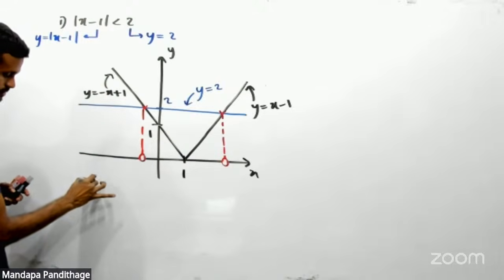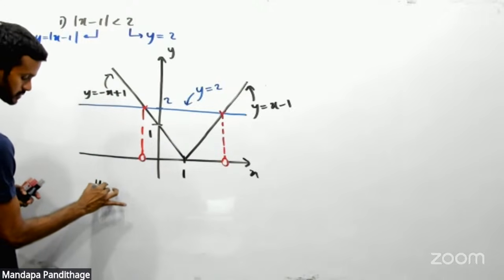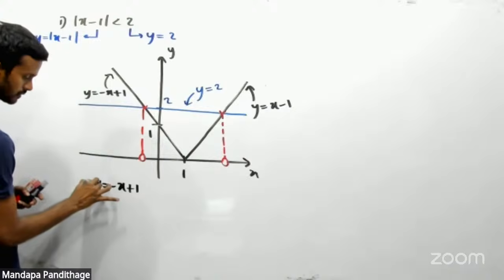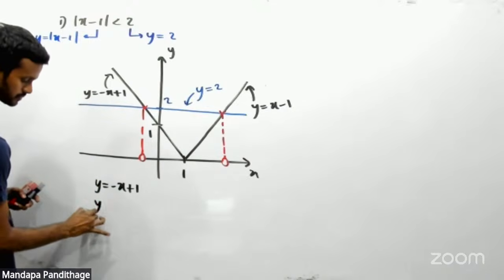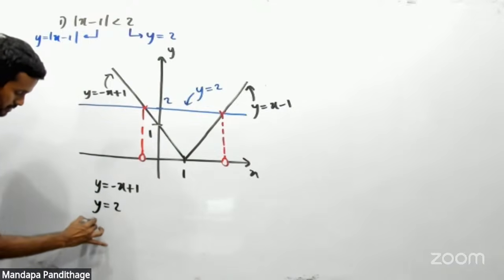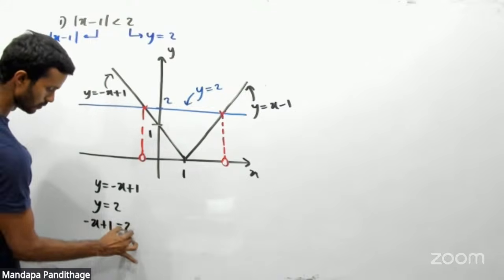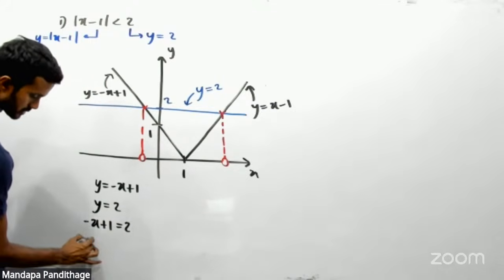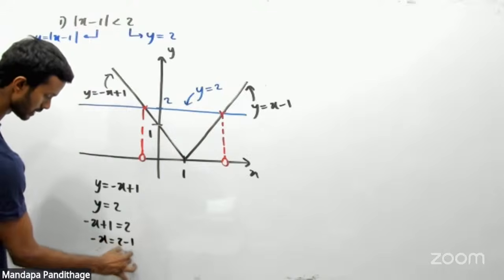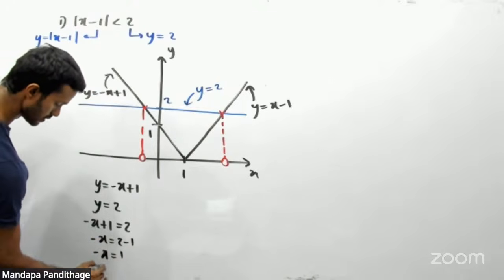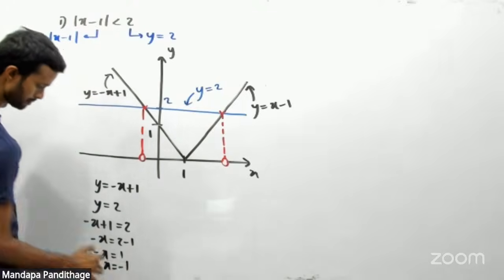Here we have y equals minus x plus 1, and here this is y equals 2. Which means minus x plus 1 is equal to 2. This goes to this side. Minus x equals 2 minus 1. So this is x equals minus 1.